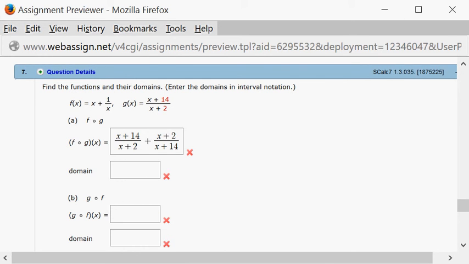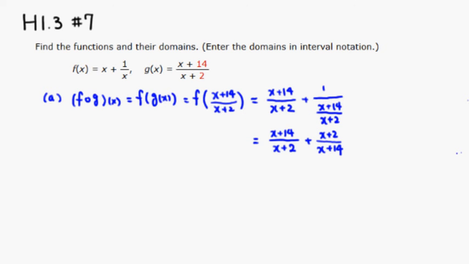So let's find the domain. First, what's the domain of f? Domain of f is all real numbers except 0, because there's an x on the bottom, so we want that to be non-zero.